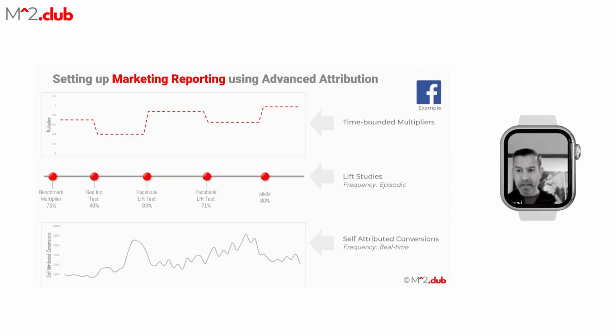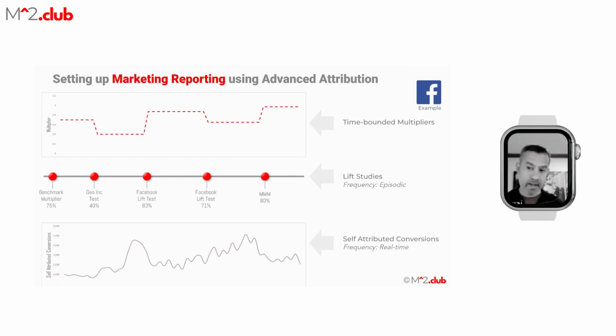Now let's start with something very basic, just to tie out the concepts that we've already learned multiple times. One is for us to set up reporting. The entire marketing organization may be used to daily reporting, in some cases real-time reporting, and a lot of the testing that we do is episodic.